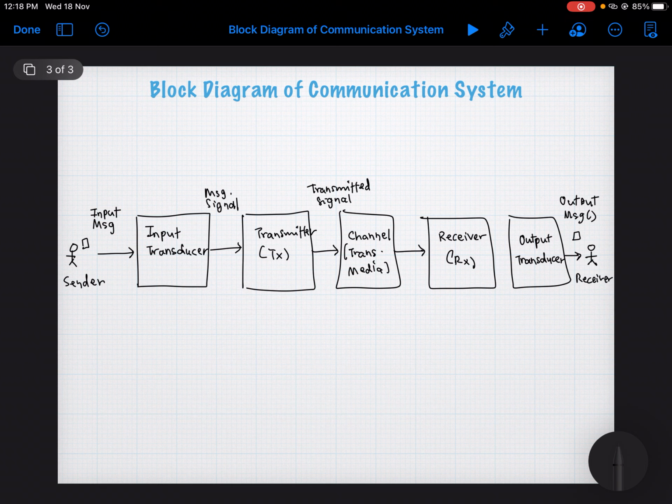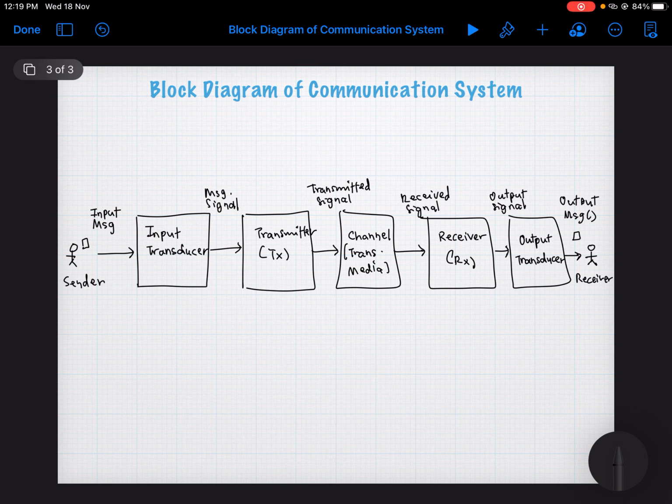From channel to receiver we have a receive signal, and here of course we have the output signal.